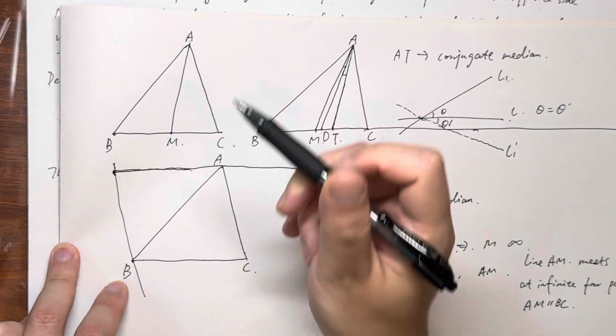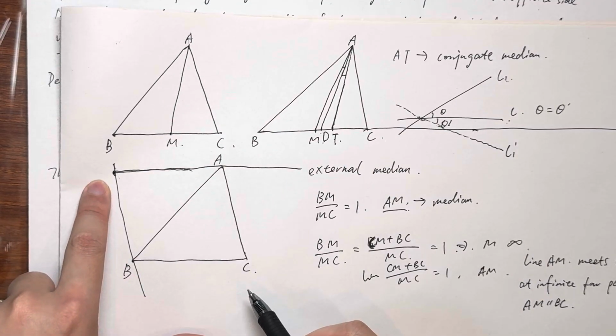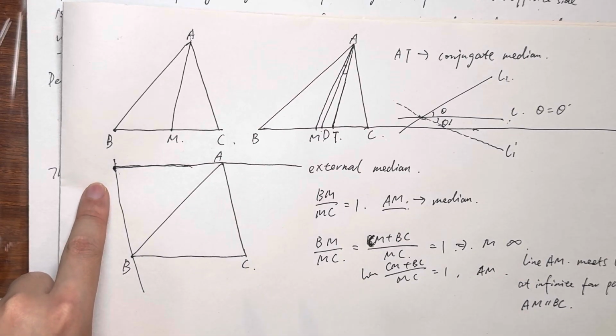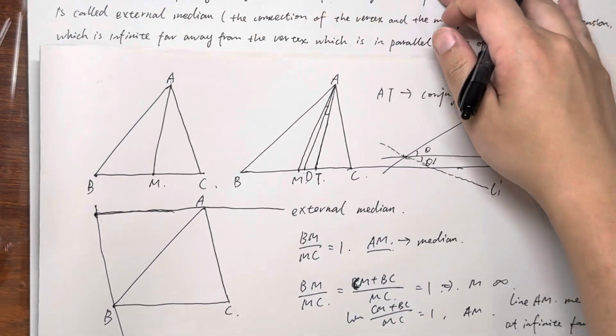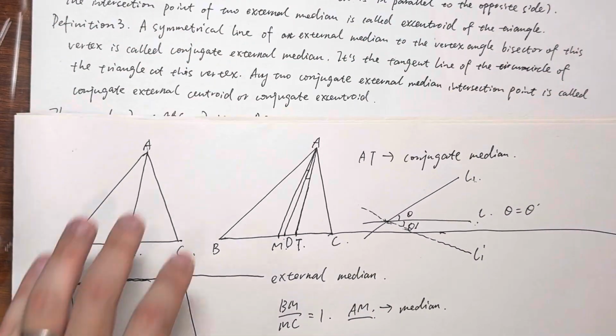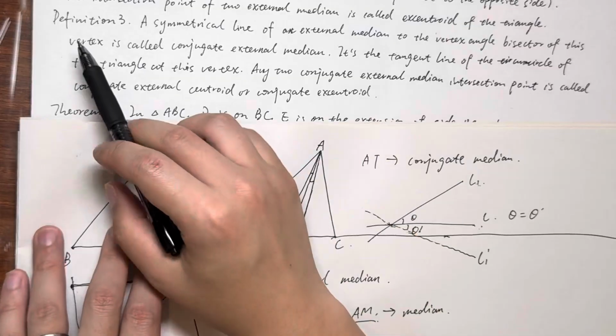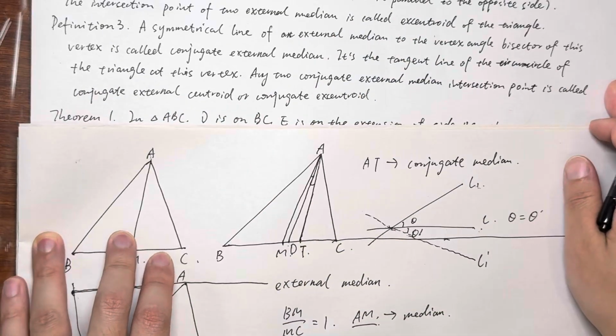This point would be called external centroid, or eccentroid. So for a triangle, we should have 3 eccentroids here, right? We will discuss this later, but let's look at definition 3.